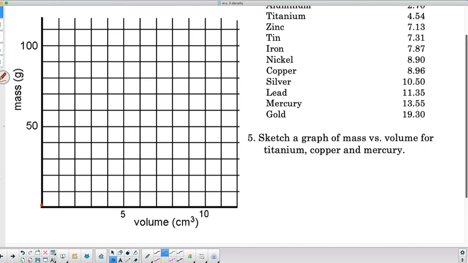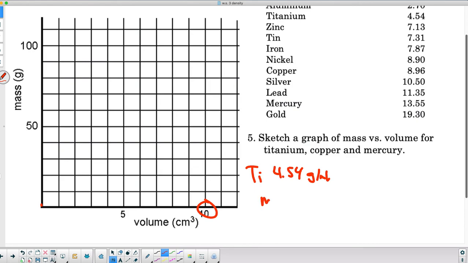My density for titanium is 4.54, and that's grams per milliliter, or grams per cubic centimeter. If I do a volume of 10, what is the mass?